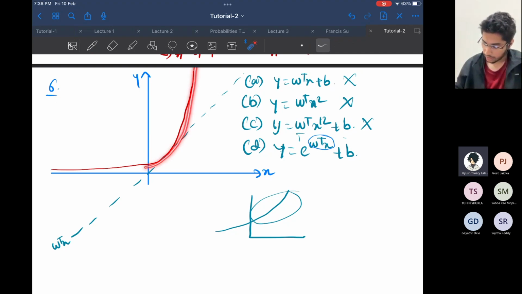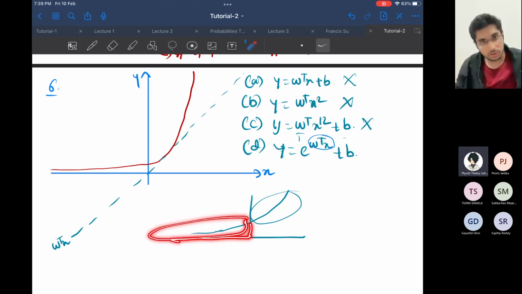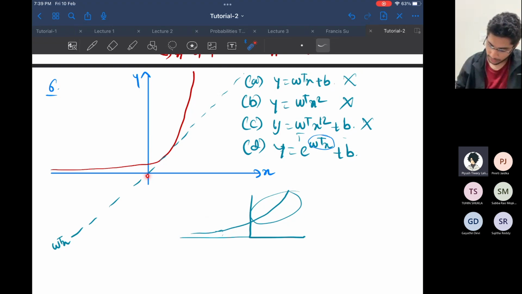However, what happens in the negative part? The exponential function actually decays. First of all, it is positive. It is always above the y-axis, and it decays. It sort of goes to zero slowly. So when the value of w transpose x is less than zero, which is this part, it will decay something similar to this.